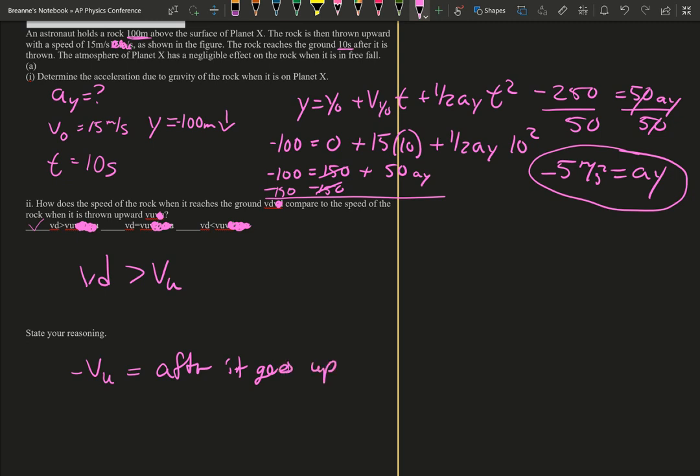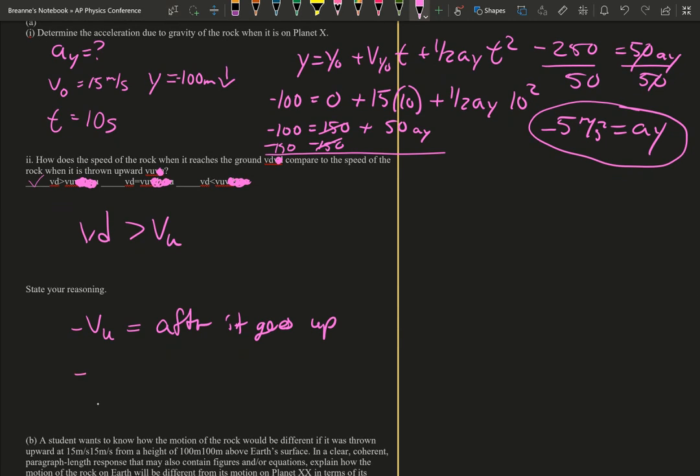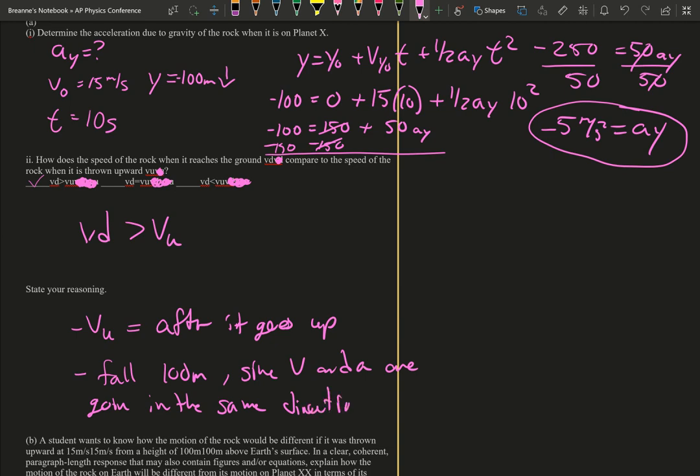So after it goes up, it still needs to fall the 100 meters, since your velocity and acceleration are going in the same direction. Then, since your velocity and acceleration are going in the same direction, it will increase. Something like that.